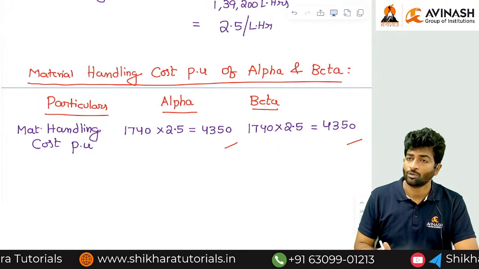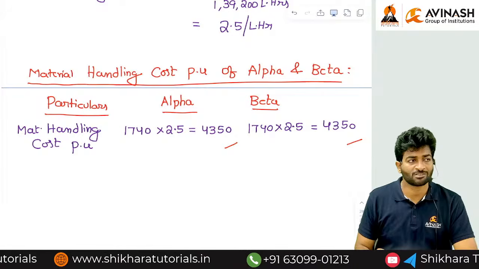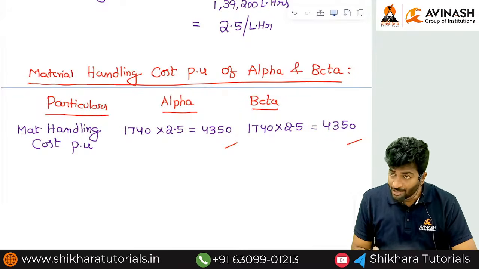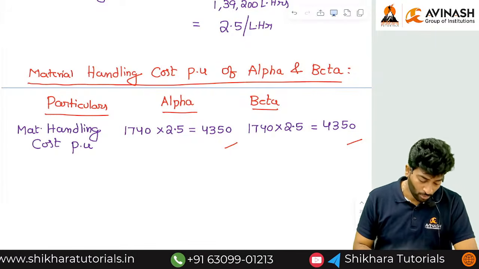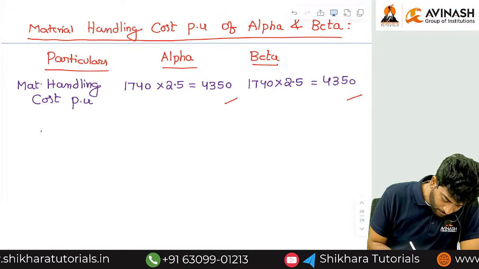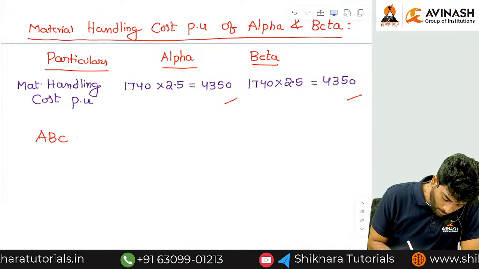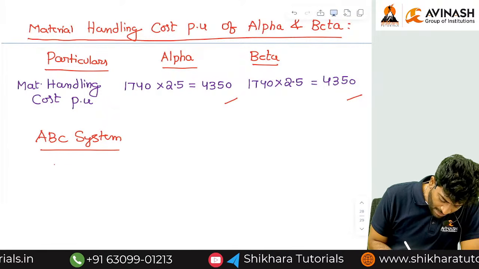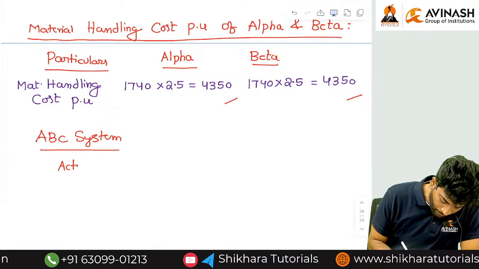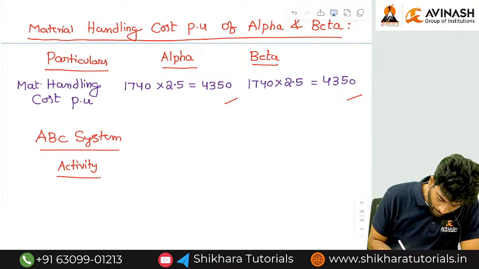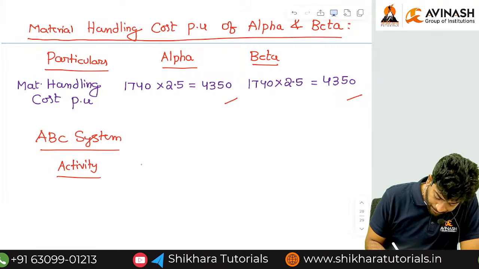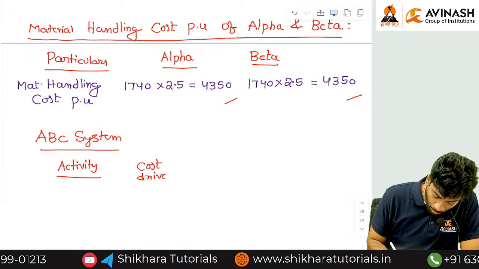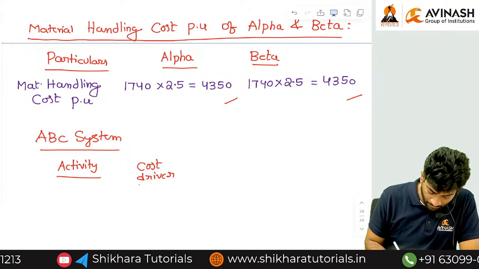Now, coming to the ABC system. Under the ABC system, based on activities, we are going to absorb the cost, right? So that is material handling cost. And we know under the ABC system, the activity is material handling, and the cost driver is material moves, or nothing but movements.